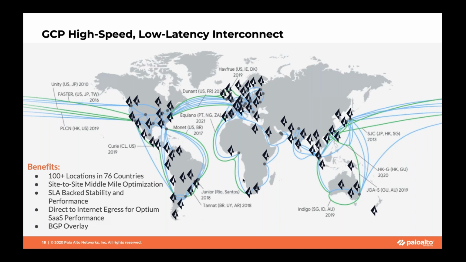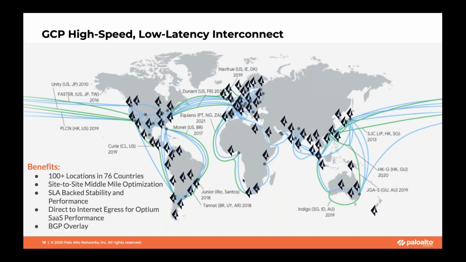Prisma Access is using the Google high-speed backbone to interconnect all these sites and also to break out to the internet. Google now has the most performant network, I think, of all the cloud providers currently, so this will ensure very good performance.